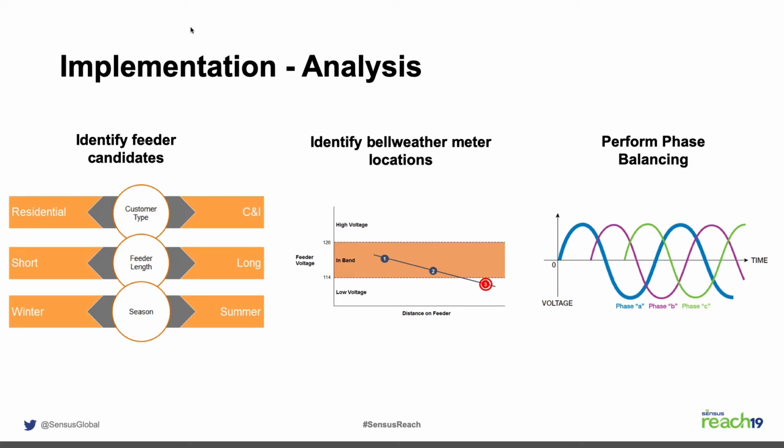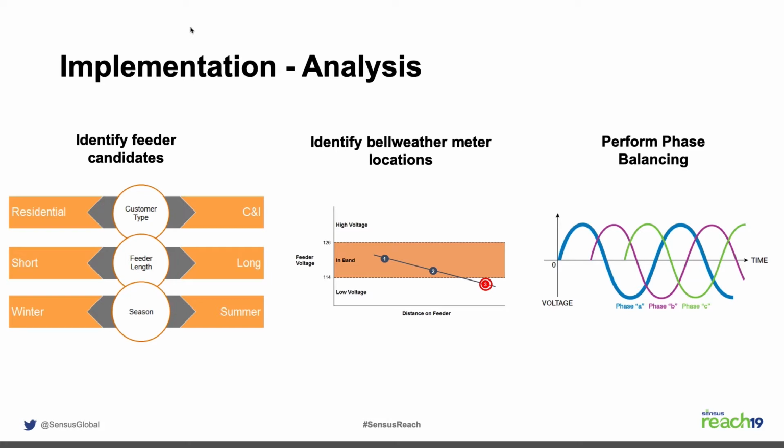But basically, you can look at residential versus C&I, because there's a traditional load type that is equivalent to those, and research around which of those types actually benefit the most. Whether it's a short feeder or a long feeder plays an impact, and then summer versus winter as well.